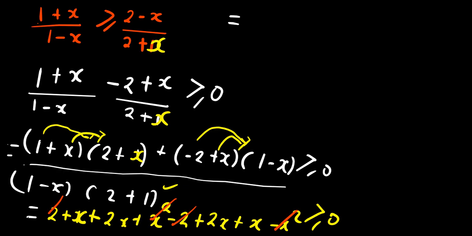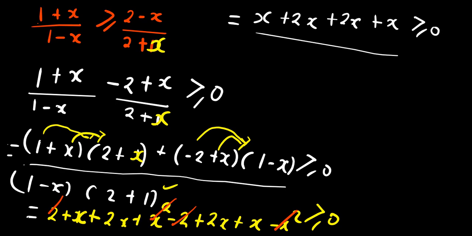So now what are we remaining with? We are remaining with x plus 2x plus x. Okay, this should be greater than or equal to 0.